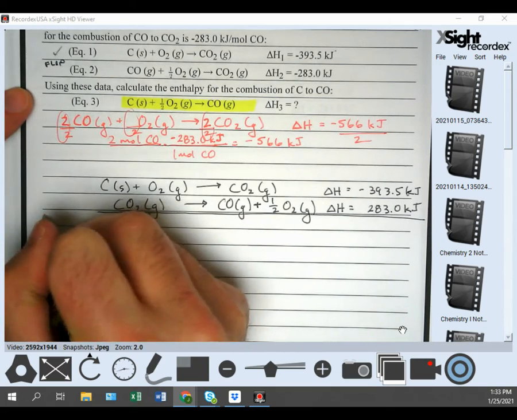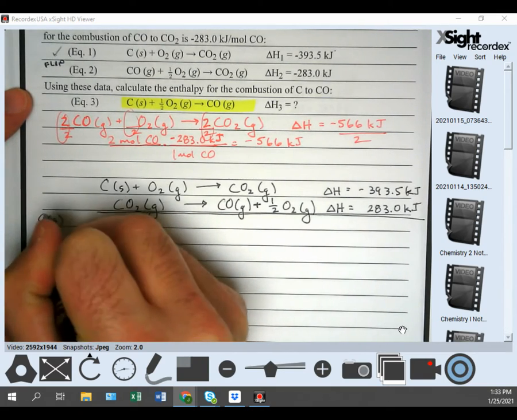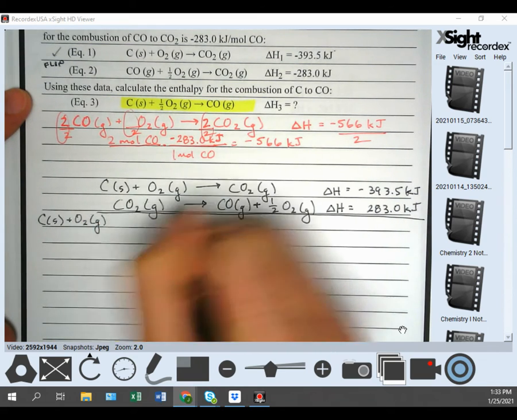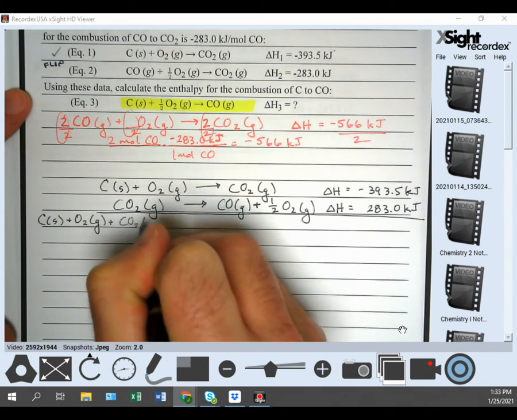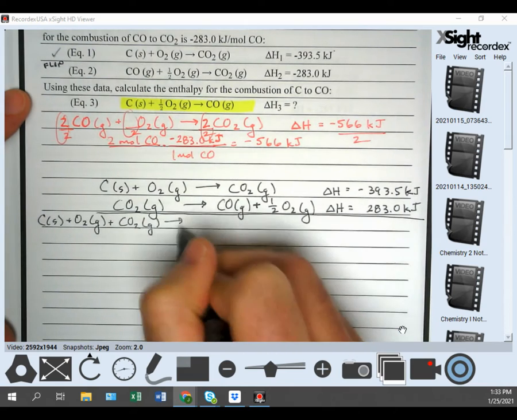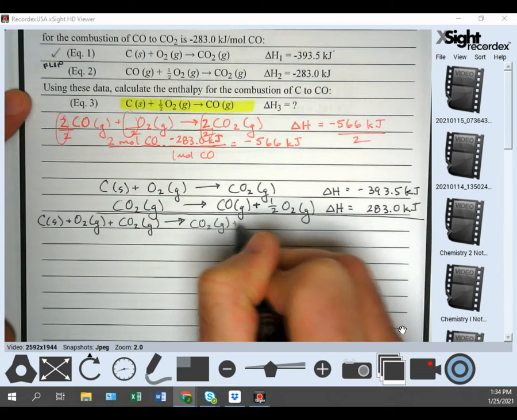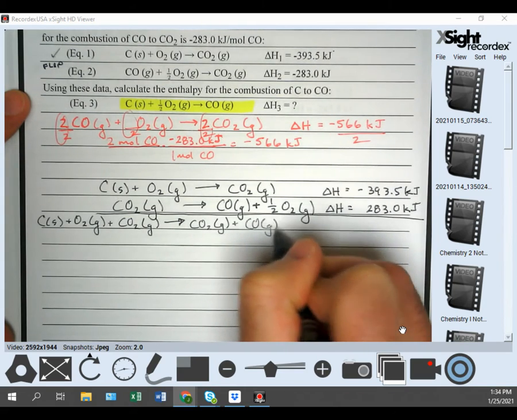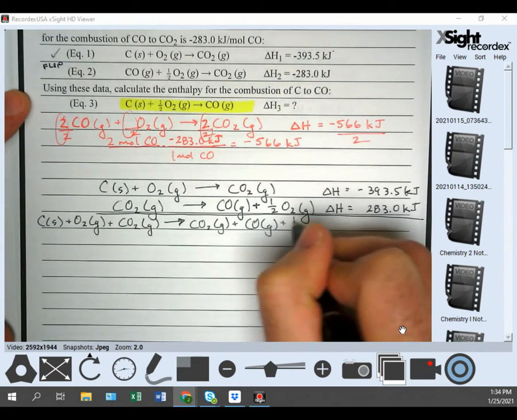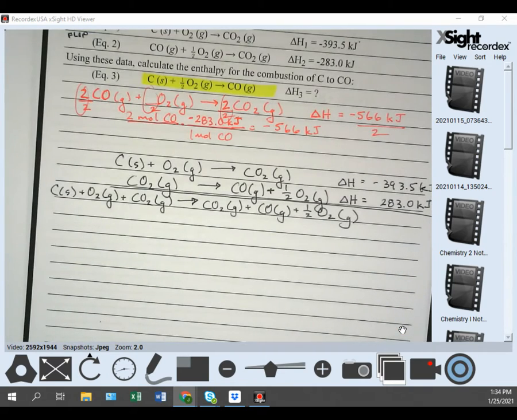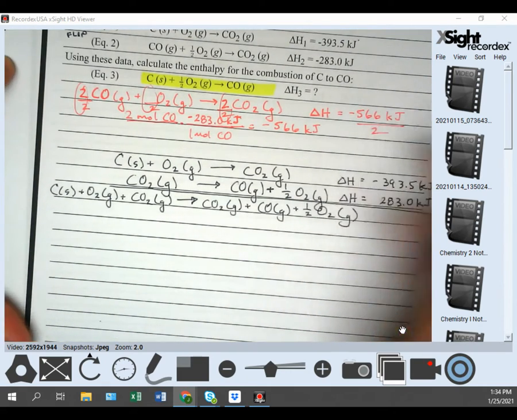So carbon solid plus O2 gas plus CO2 gas yields CO2 gas plus CO gas plus 1/2 O2 gas. And I'm not going to do my delta H yet.